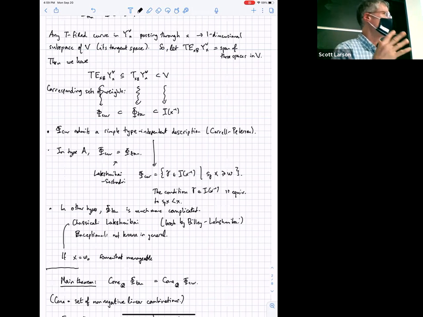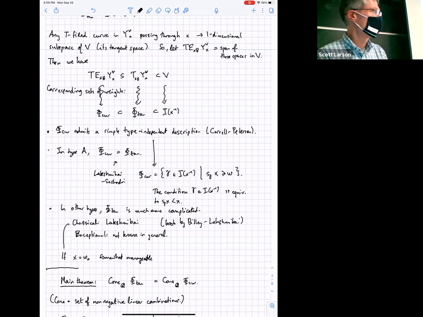So if you look at the conditions for this to work out in type D, it's a rather complicated description. In any particular example, you could calculate the set, but I don't know that you could come up with any nice way of saying what the dimension of the tangent space is.